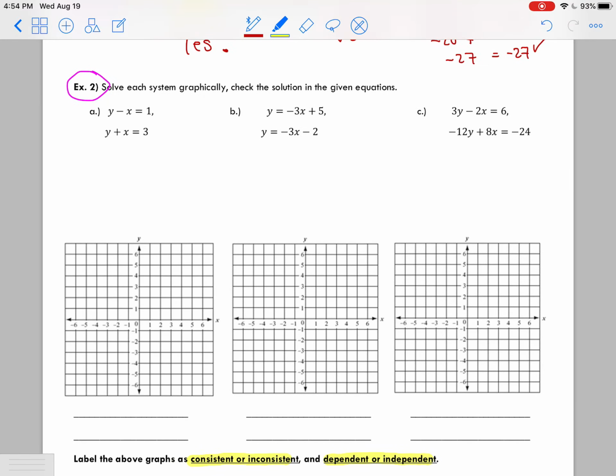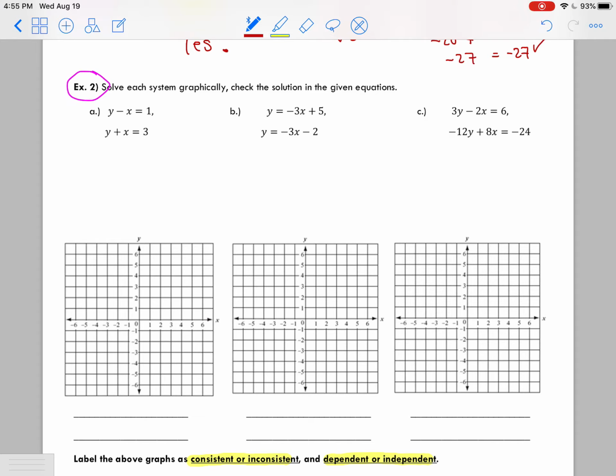So basically, the steps here for solving by graphing is we want to start by graphing the equations, and we know how to do that pretty easily. Now, you guys have choices in terms of how you graph your equations.